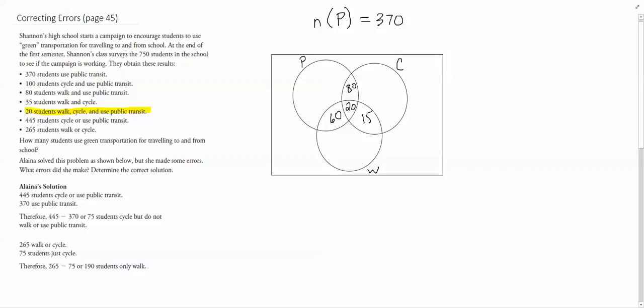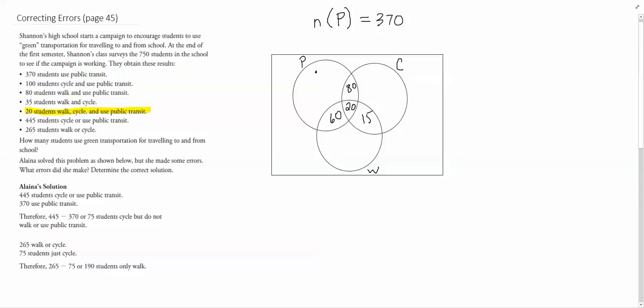We're told that 445 students cycle or use public transit. So now we have to do a little bit of work. We need to find out the number of students that use public transit only.